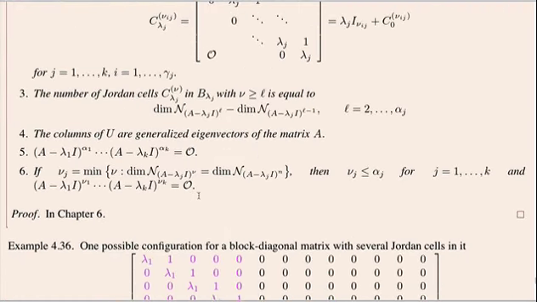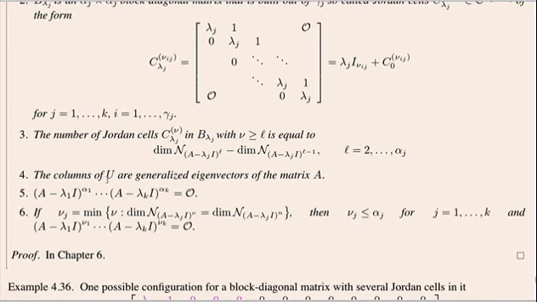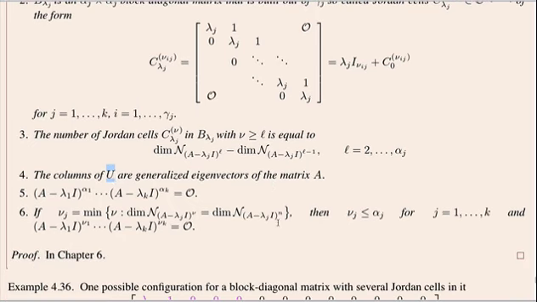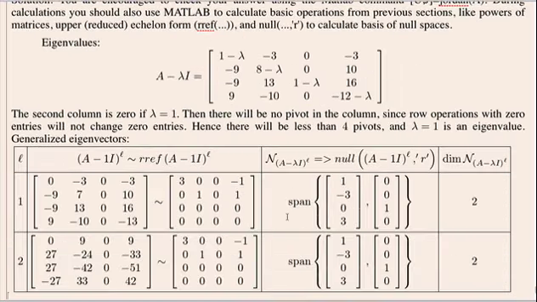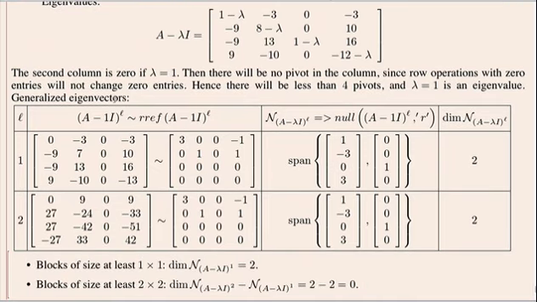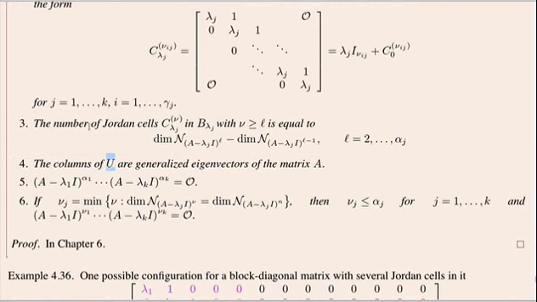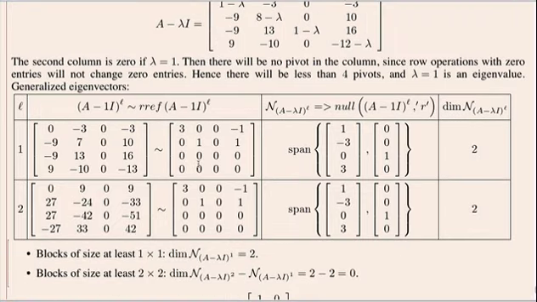The theorem says that the U matrix in the Jordan decomposition is formed from the generalized eigenvectors of matrix A. Now the generalized eigenvectors come from the eigenvectors corresponding to powers of this A minus lambda I. So we need different powers, because in the theorem we get the number of Jordan cells from the dimensions of the null spaces of the different powers of A minus lambda I. So we need this for several purposes: for calculating the number of blocks, the number of cells, and also for calculating the generalized eigenvectors. So the first one, l, is 1.